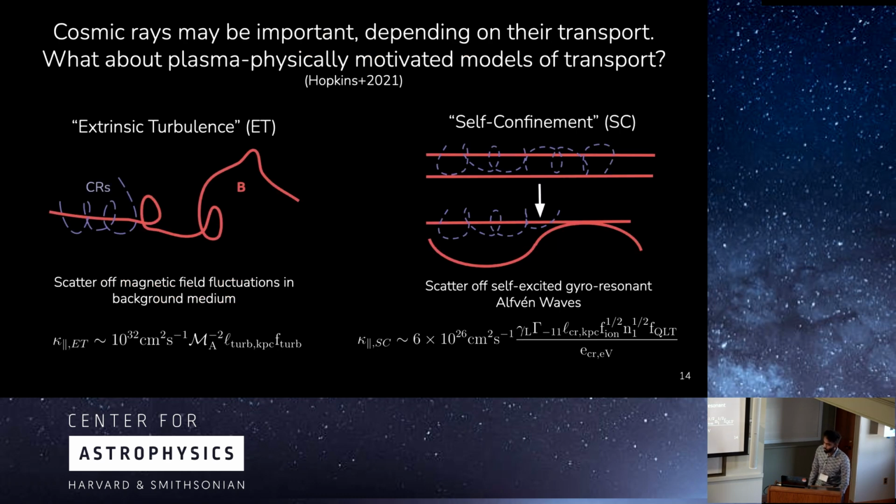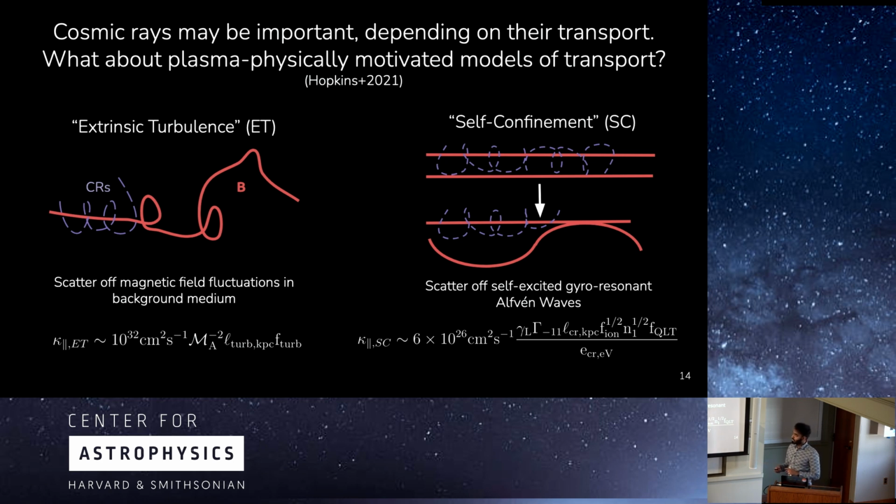But perhaps what's more interesting is the implications of expanding the observable parameter space from our simulations to cosmic ray transport. And so there are two big major schools of thought in what drives the scattering processes of cosmic rays throughout the ISM and the CGM. These are so-called extrinsic turbulence and self-confinement theories.